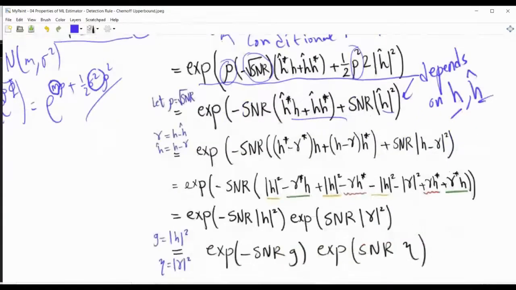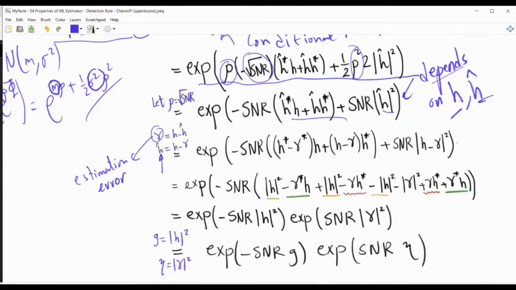So you also have the estimator. Okay, so let's write H bar as H minus gamma. Here gamma is the estimation error. So what I will do here is rewrite things with a slight change.